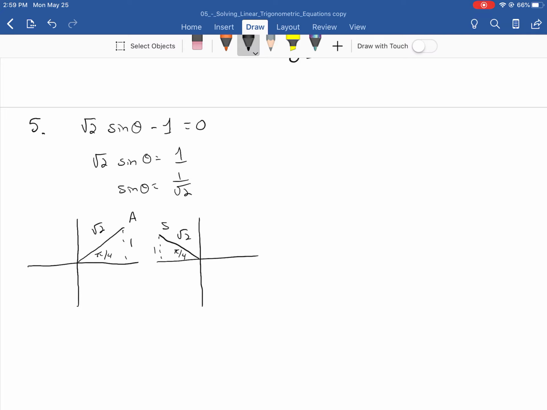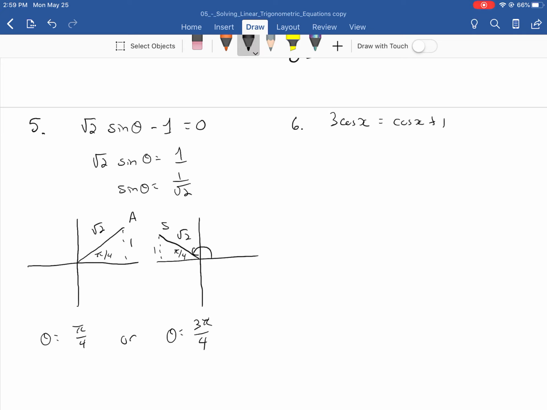It's 1 over root 2, which we immediately know the related acute angle. That's pi over 4. And so my two angles here are possibly pi over 4 or, okay, so this would have been 4 pi over 4 if it had got all the way to that axis, which is, pi is 4 pi over 4, but it didn't make it all the way. It was pi over 4 short. So it was 3 pi over 4.